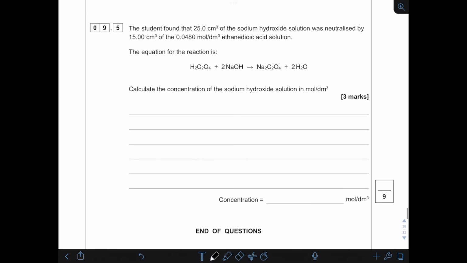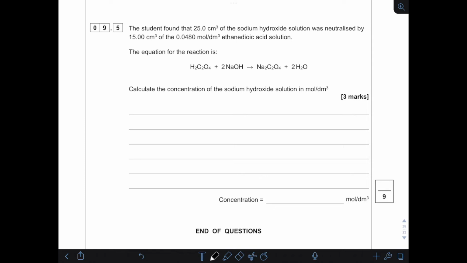The student found that 25 ml of the sodium hydroxide was neutralized by 15 ml of that acid. Calculate the concentration of sodium hydroxide. Right, okay.